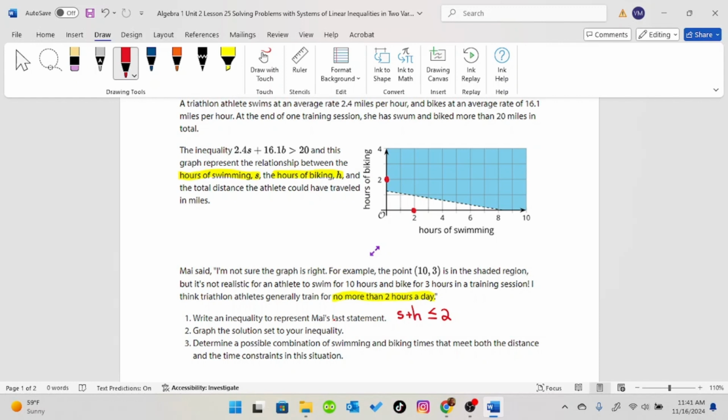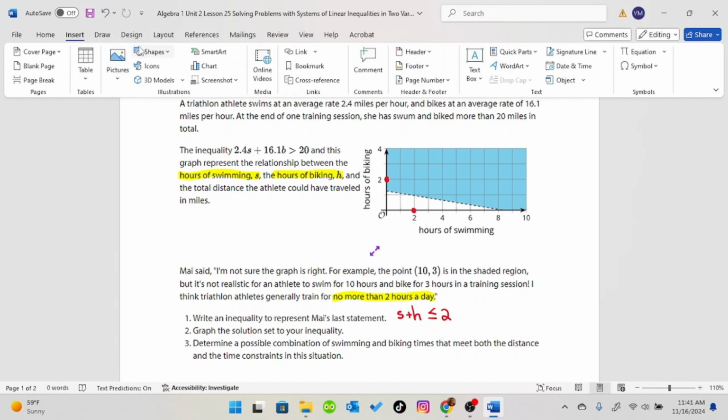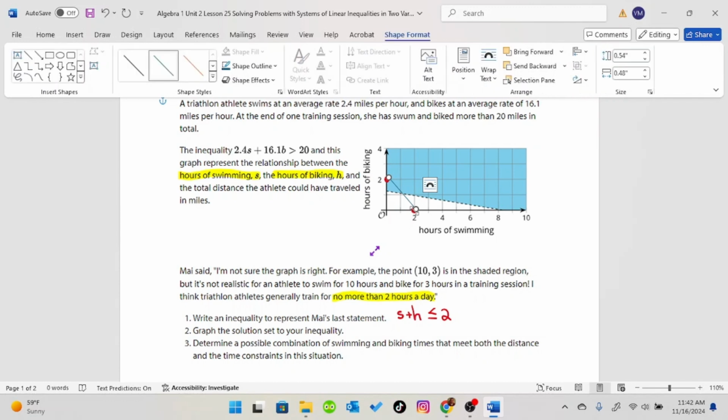Because this is a less than or equal to, that "or equal to" tells us we have a solid straight line. So we can insert that here.